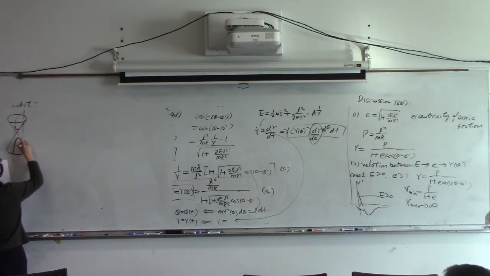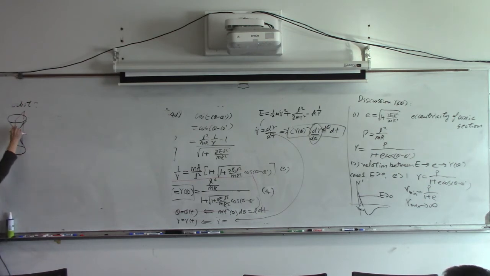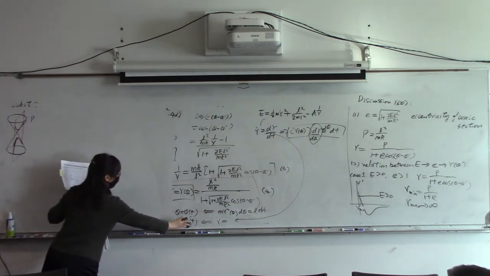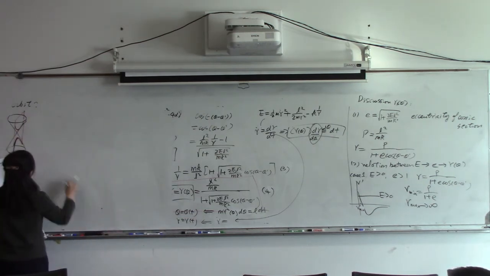That is when the truncating surface is parallel to the conic axis, we have two curves, a hyperbola.